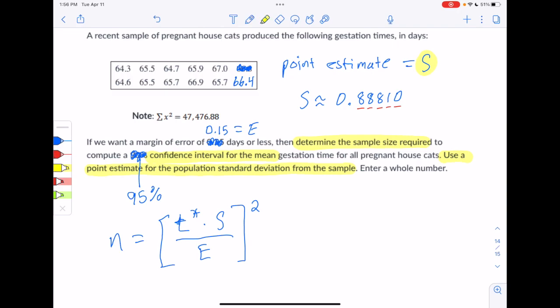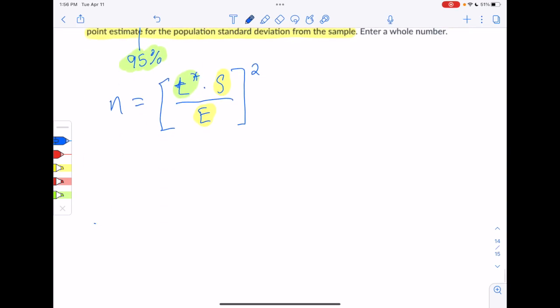All right, so where are we? We know E, we know S. What we still need is t star. The value of t star depends on your confidence level. We're doing a 95% confidence level for this one, so let's use that to find our value of t star. We'll draw a bell-shaped curve.